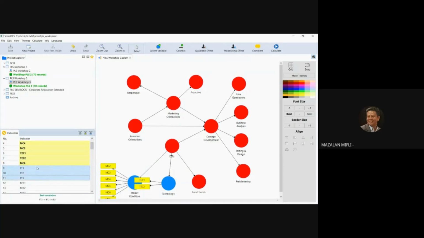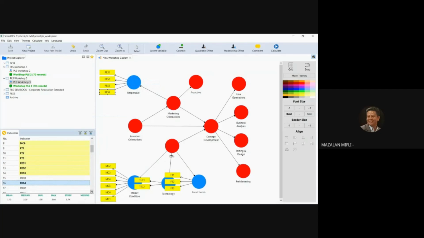Then the food trends. Okay, so you can actually arrange later on. I will do some arrangement later, but let's give the indicators to their respective latent variables first. Right, so we have the responsive. Okay, these are responsive orientations, and we have another one here.